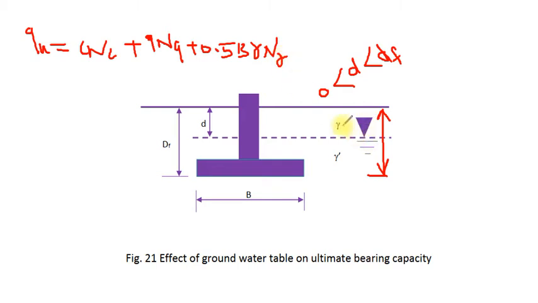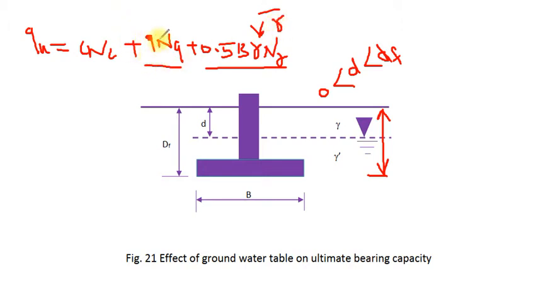In the first case, when the water table is between the ground level and the base of the foundation, the effect will appear at the second term and the third term. In the third term, gamma will be gamma dash, the submerged unit weight.